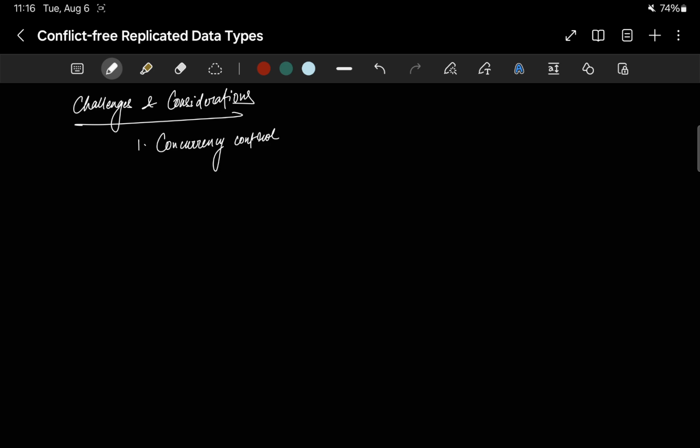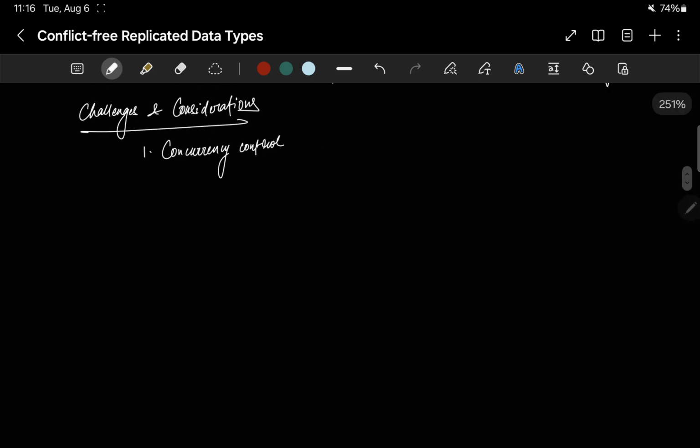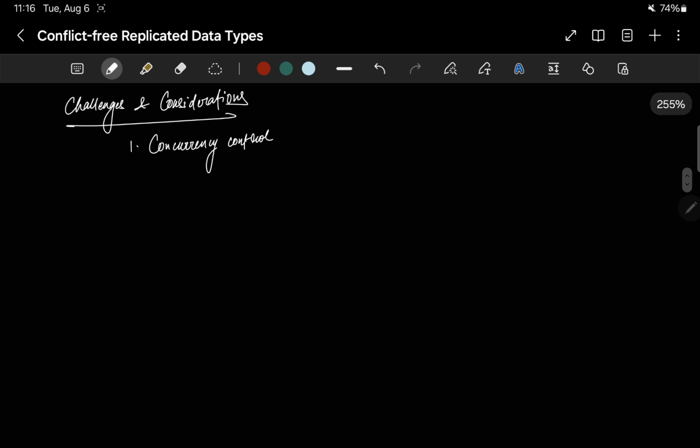Concurrent updates from multiple replicas demand nuanced handling to prevent conflicts and maintain a coherent state across the system, right? Because obviously, if you take an example of Google Docs, even 100 people can update it at the same time and still the order is maintained. So concurrency control is really a challenge.